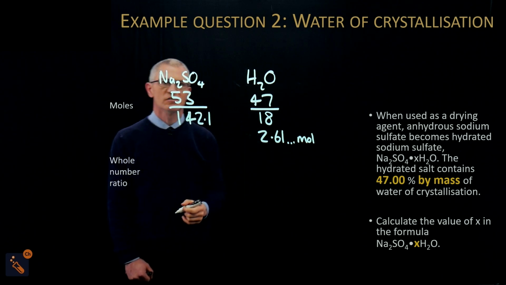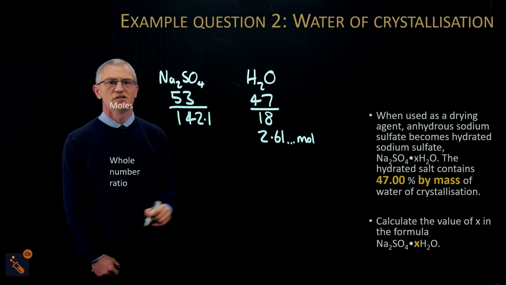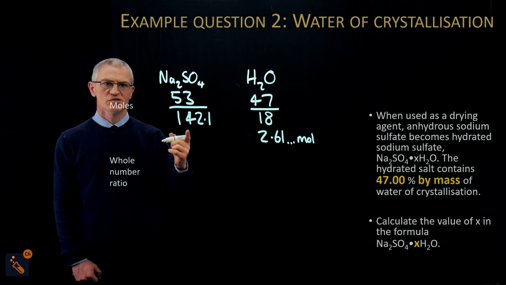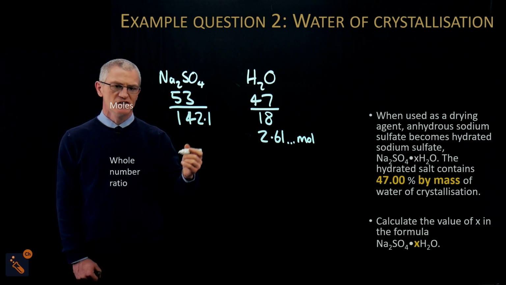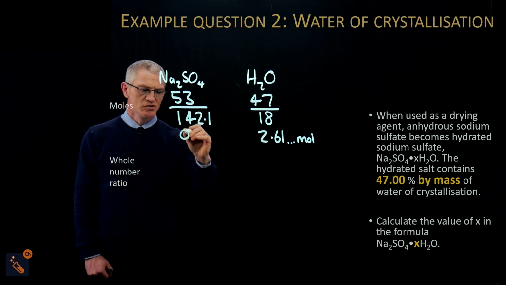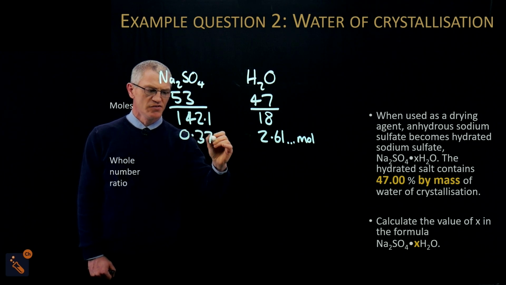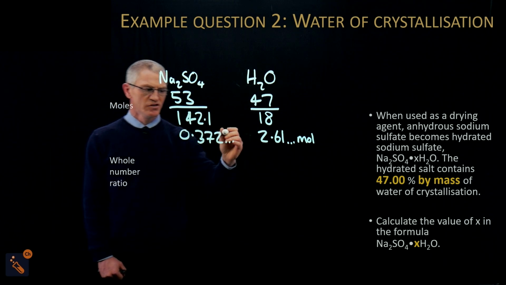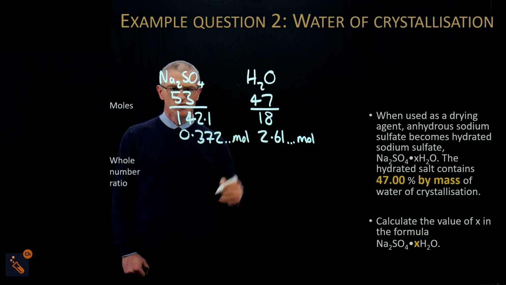If I ever do three dots after something, it means it's a very long number, so just keep it in your calculator. We then do the sodium sulfate, and that turns out to be 0.372, and again dot, dot, dot.